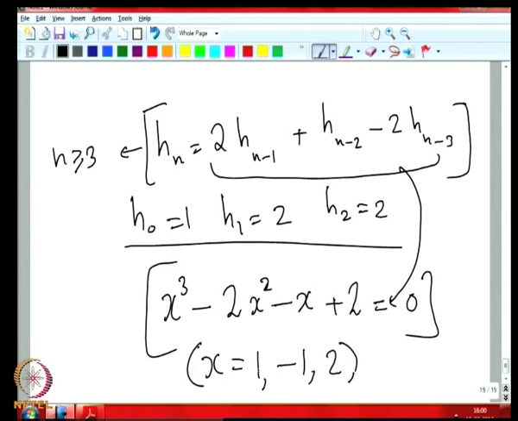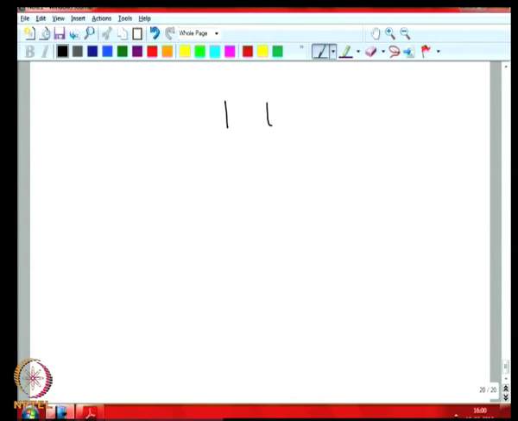So, put h equal to 1 raised to n, that is 1, 1, 1, 1 like that, and that is indeed a solution. You can verify that if everything is 1 in this sequence, it works. So, hn equal to 1 raised to n is indeed a solution.